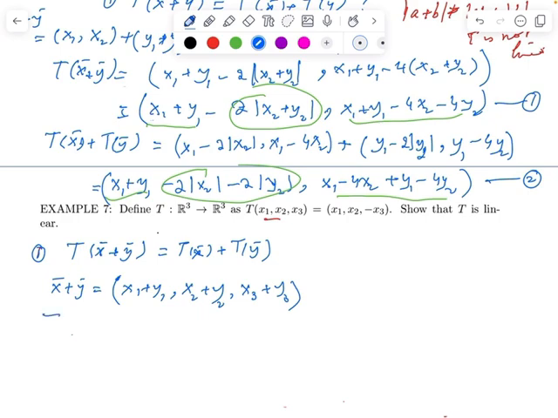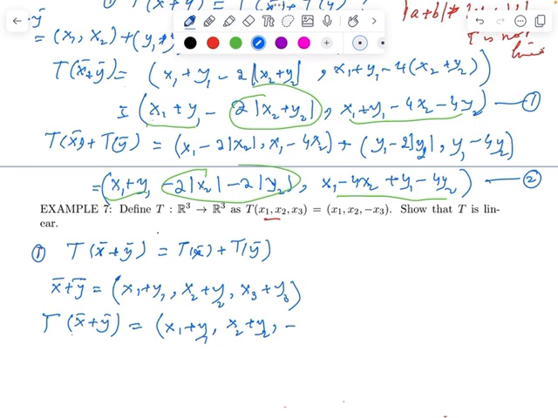So the T of x plus y will be, so you can see it will be x1 plus y1, comma, x2 plus y2, comma, so the third component gets a negative sign in front.